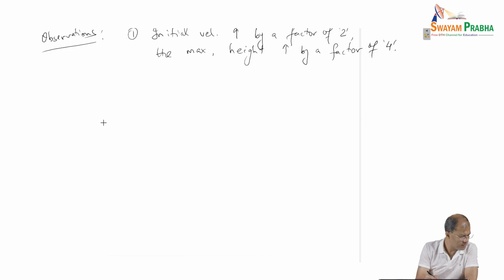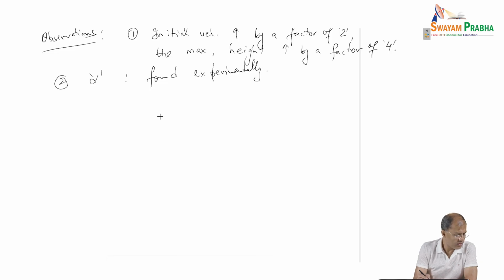And similarly, the constant alpha has to be found using experiment. So experimentally, by observing various values of xm and v naught, we find out what is the value of xm for various values of v naught, and then we can plug it into a relation to find alpha.